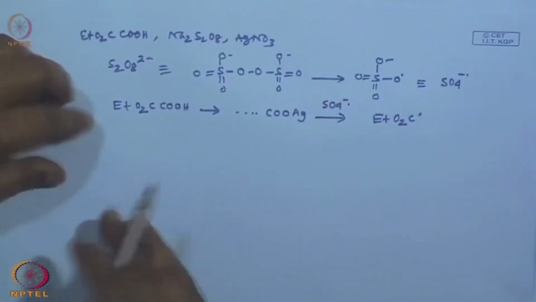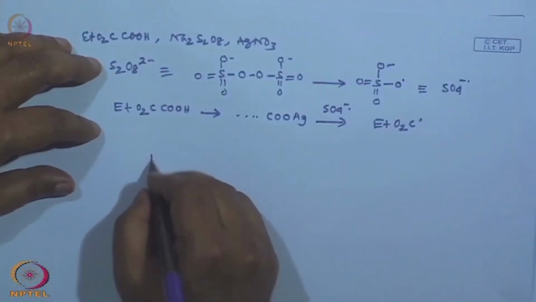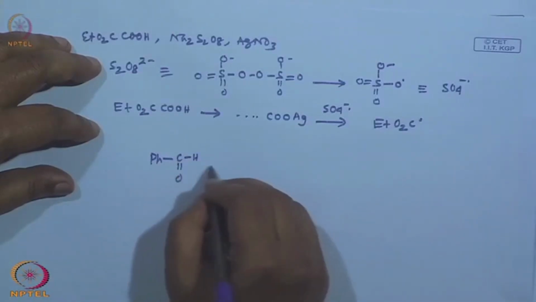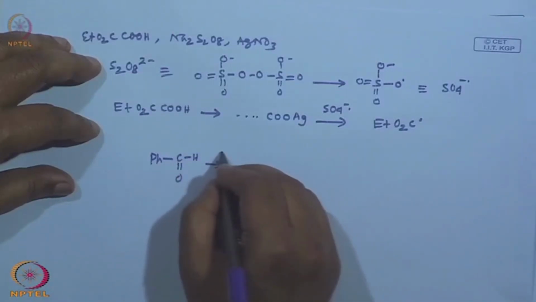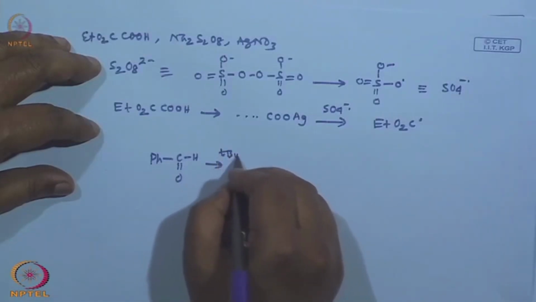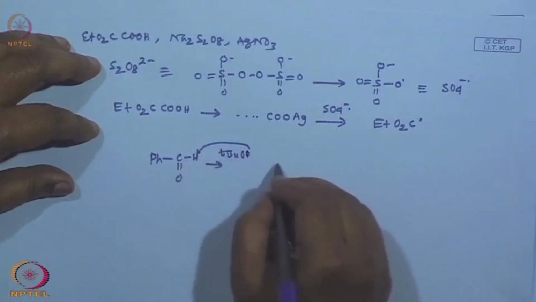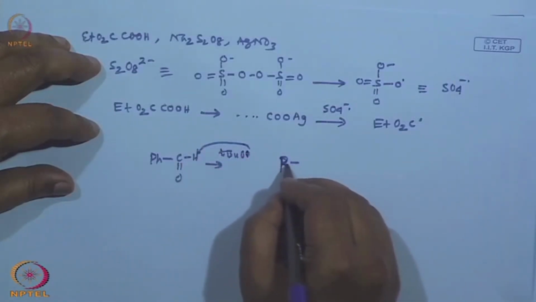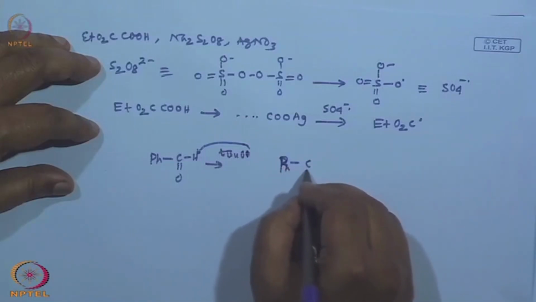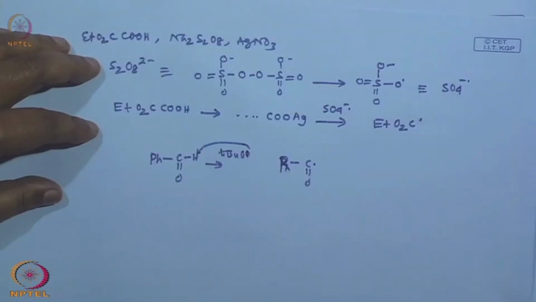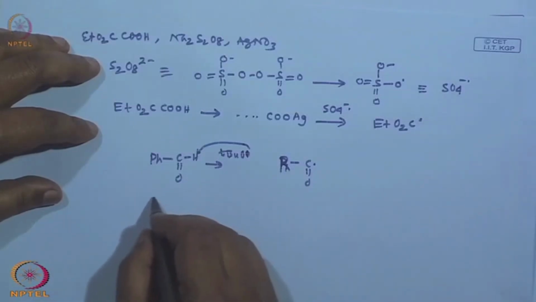Let me give you here. If you have benzaldehyde, there is a possibility that the tertiary butyl oxy radical would abstract the proton and it can produce the corresponding PhCO, the oxocarbon radical.